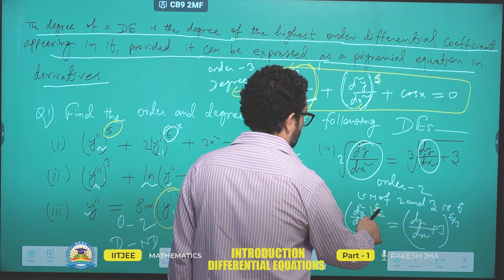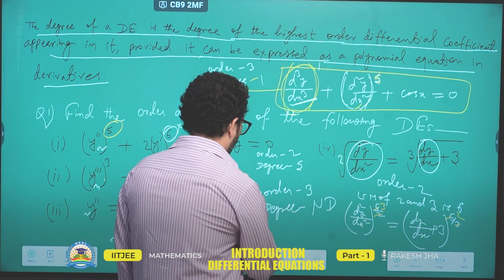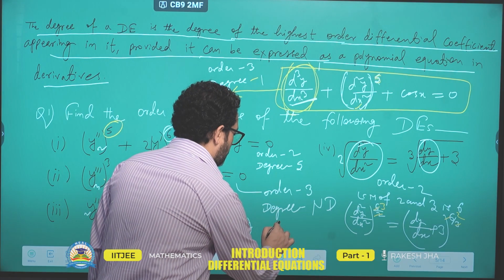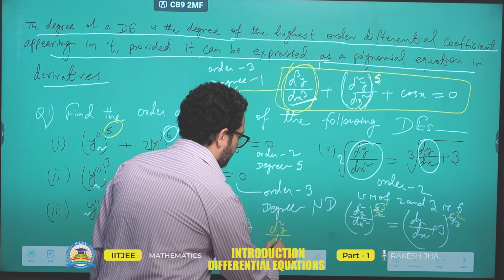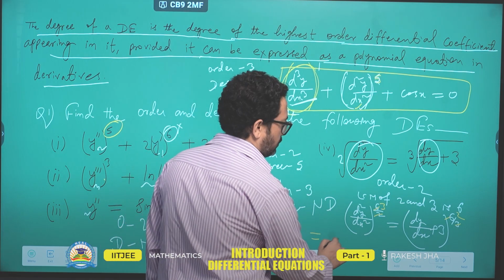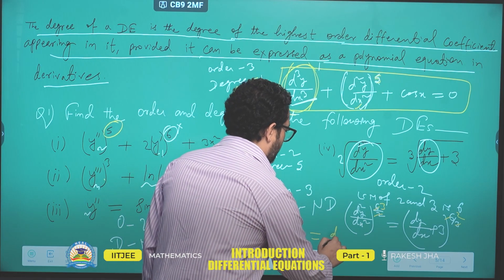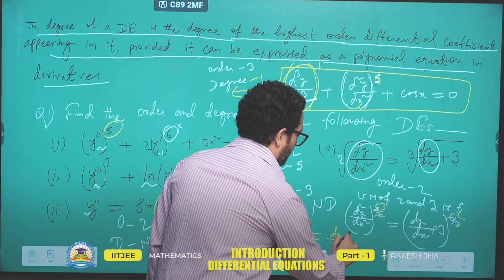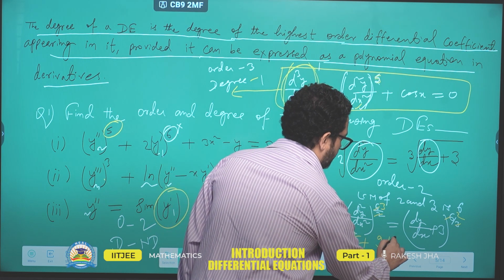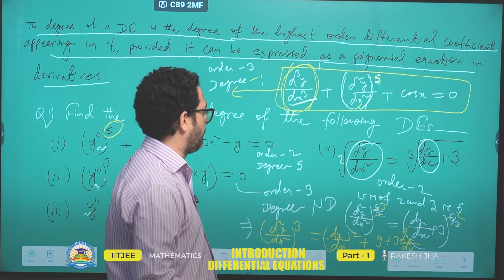Now 2 3s are 6 and here 3 2s are 6. So now if we expand this, we will find d2y upon dx square raised to the power 3 is equal to, it will go as a plus b whole square. So it would be dy by dx squared plus 3 3s are 9 plus 3 times dy by dx. Now this is in the form of polynomial.